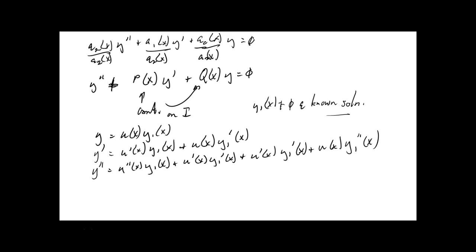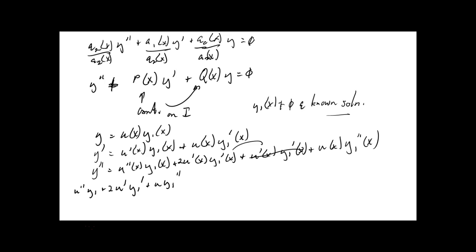Okay. All right. We're going to plug this into here. If I had more room, let's first see, we can combine these two like terms and make it two of those, right? Okay. And that's about all we can do to simplify. So let's plug it in. We have, for our y double prime, u double prime, I'm going to leave out the of x's, y1 plus 2u prime y1 prime plus u y1 double prime, right?